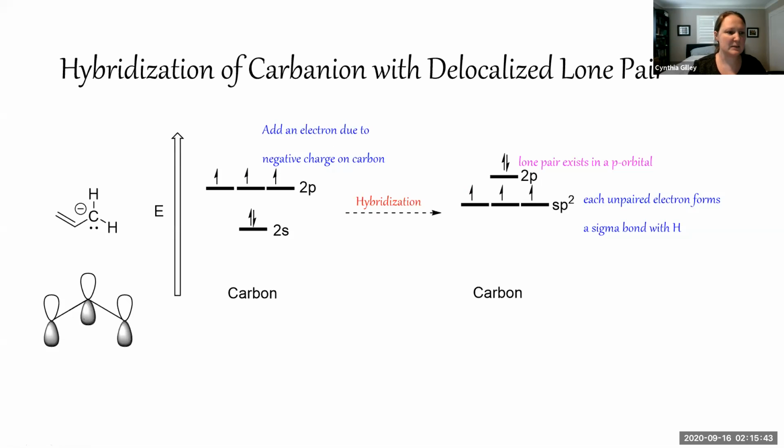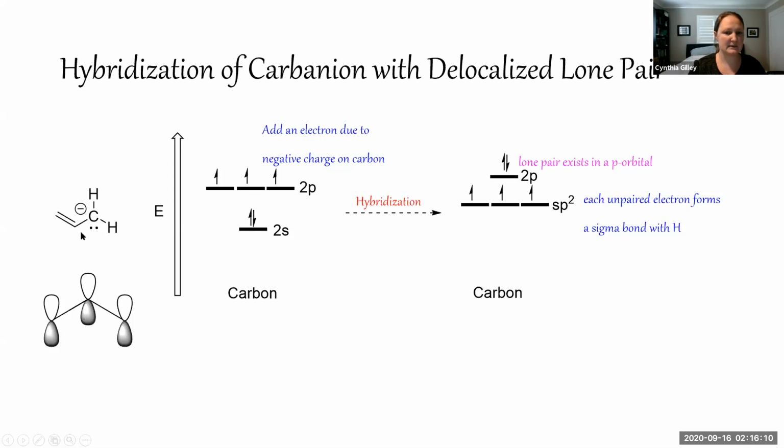Okay, is it possible for there to be a carbanion with a delocalized lone pair? And the answer is yes. The hybridized orbitals involved are different than with a localized lone pair. So if we look at this carbanion, we notice that the anion is directly next to 2 carbons that have a pi bond between them.